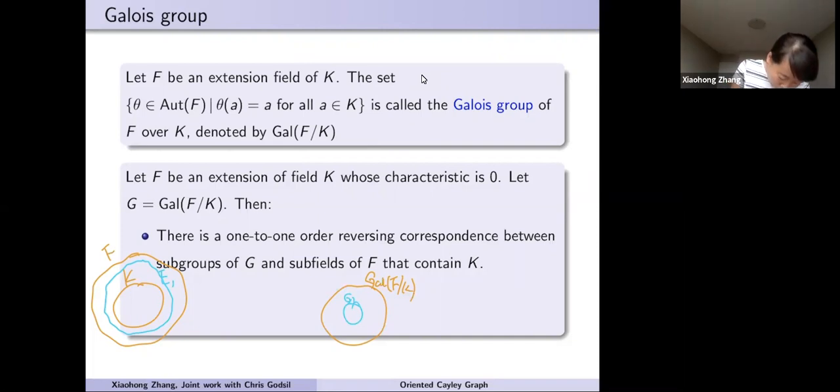If we have another field here, it will be a bigger one, and the group contains G1. So subfields in between K and F correspond to subgroups of the original Galois group, but in reversed order.